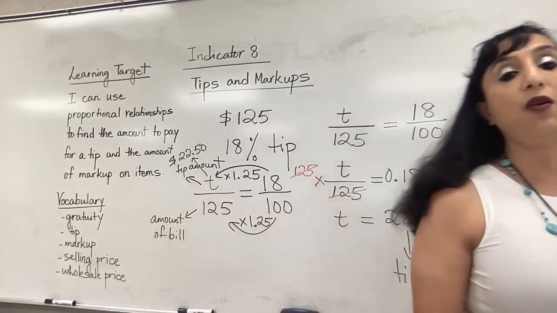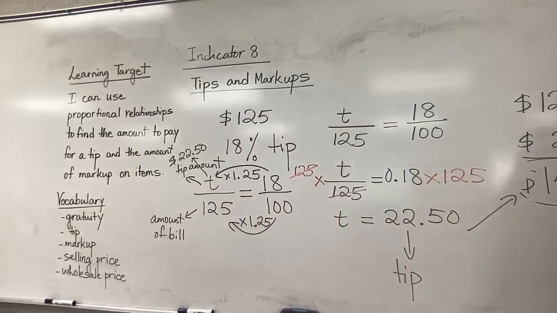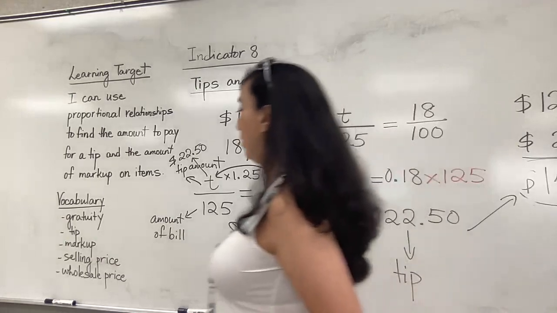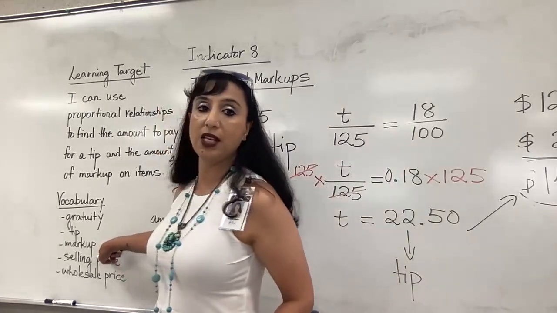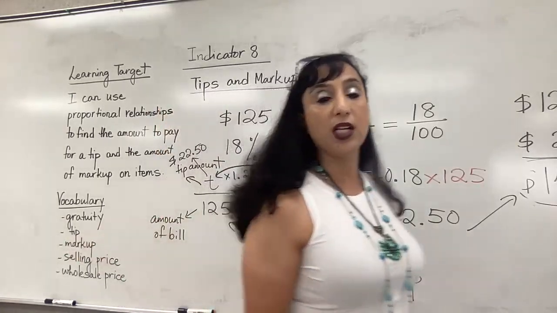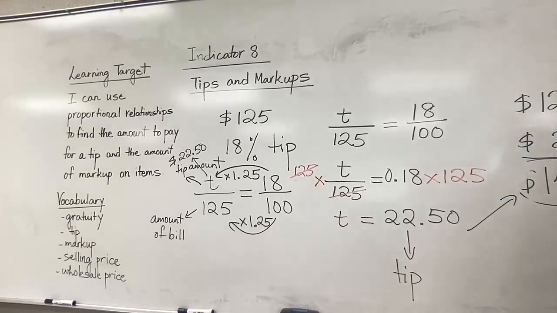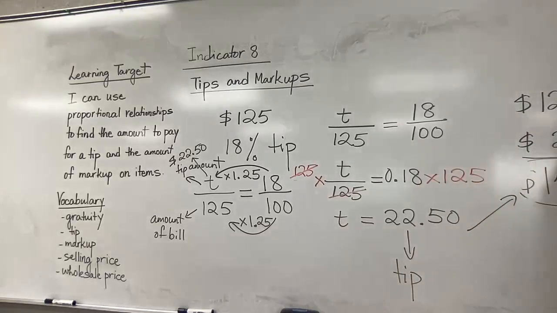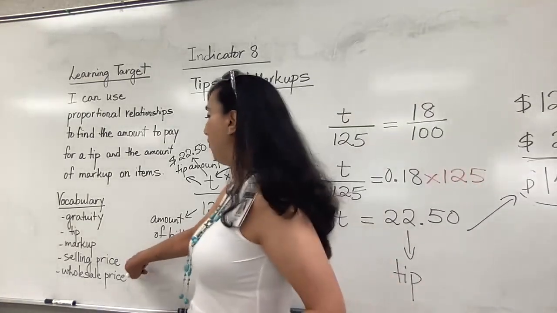The amount of increase is called the markup, the amount that the store is increasing the price. And the selling price is the amount the customer is paying for the item.